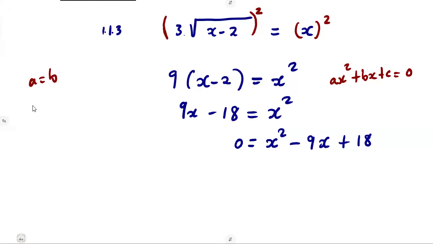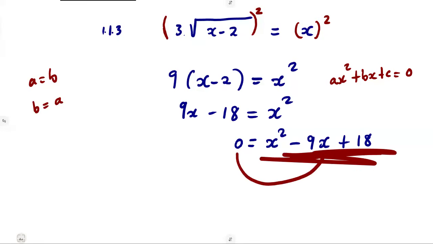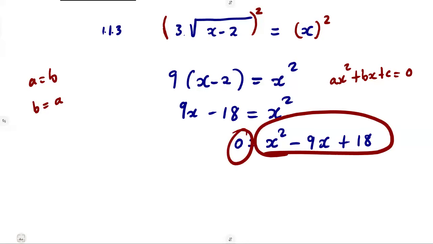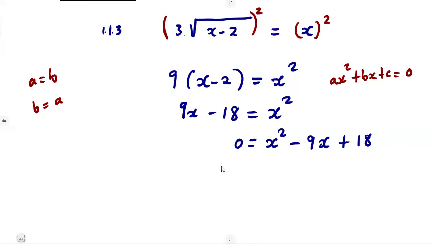Writing that a is equal to b, remember, it is the same thing as writing b is equal to a. So if 0 is equal to the whole of this, then what does it mean? It means the whole of this side is also equal to 0. We can just write it that way. So instead, guys, we can just write our equation as x squared minus 9x. Do not change anything. Just take it as is, equal to. We're just saying this right-hand side is equal to the left-hand side.